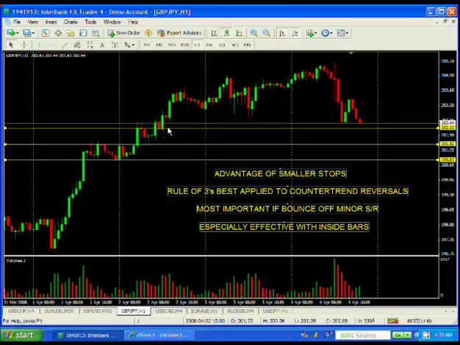Now it's support, but now price is coming back down and bouncing off of a high, and this is the last low. So now this would be major support, minor support. This will be major support too now.